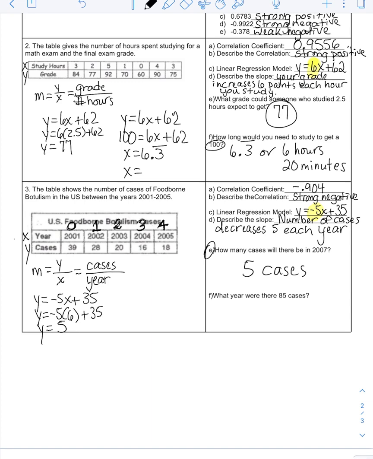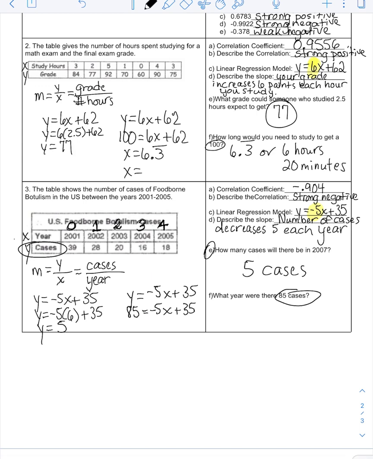What year were there 85 cases? So let's go back to that prediction model. y equals -5x plus 35. 85 cases, that's what they give us. We said cases was represented by y. So now I'm going to say 85 equals -5x plus 35.